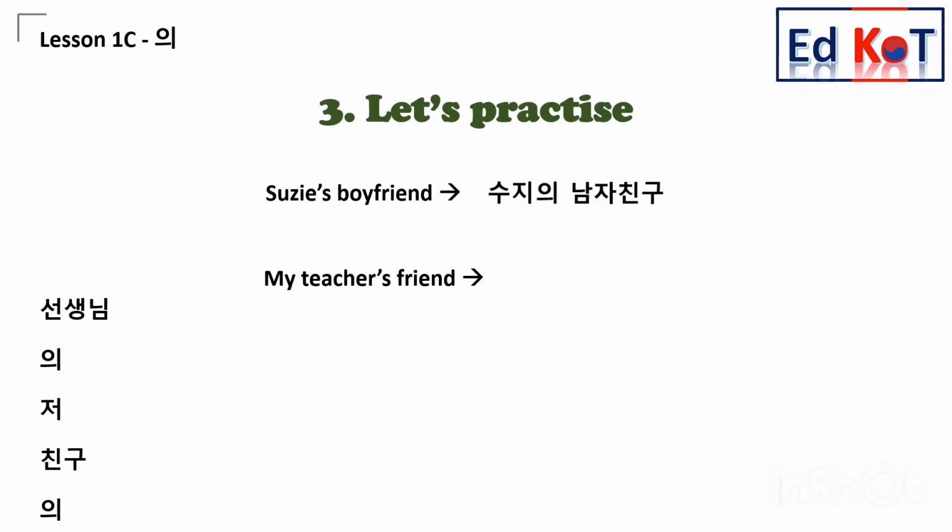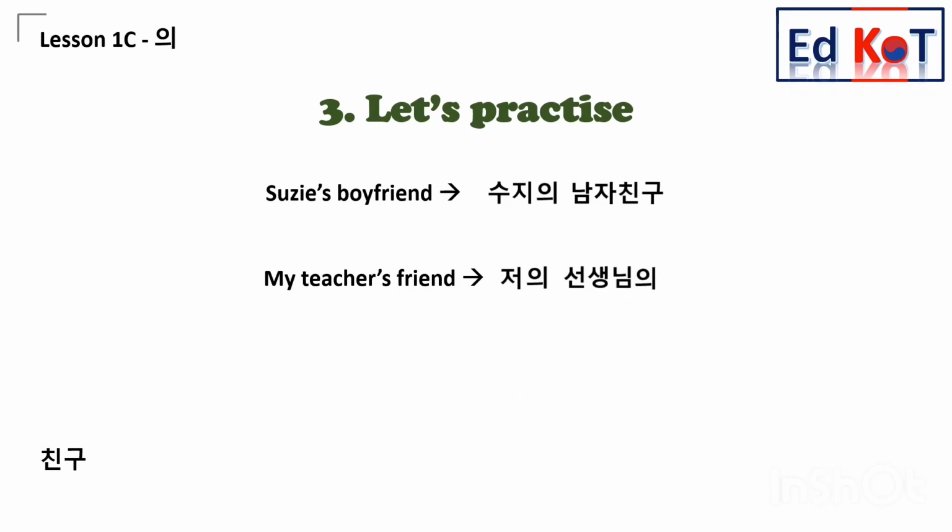Here is the next one. My teacher's friend. My, so start with 저, and it's my, not I, so we need 의. So 저의, and teacher, 선생님, 저의 선생님, and this apostrophe S we learned today, it's 의.